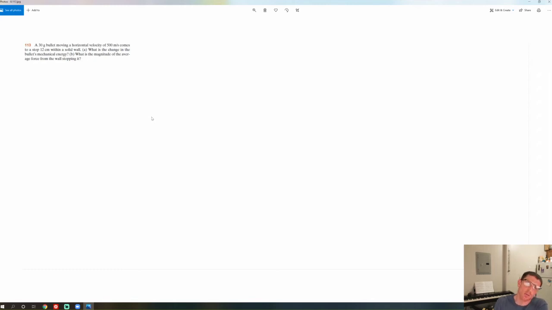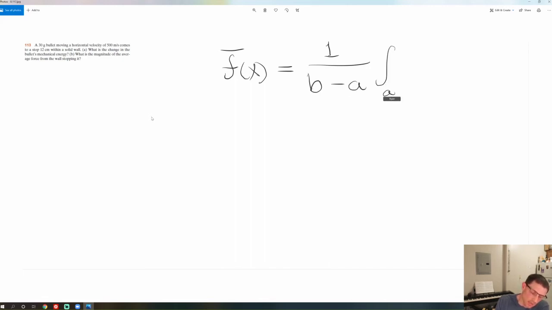There's an idea from integral calculus that the average value of a function over some interval, let's say the interval between a and b, is simply given by 1 over b minus a times the integral from a to b of f of x with respect to x, right? And so we would just pattern match this to what we just did.